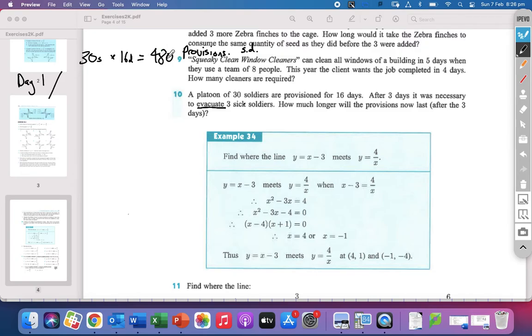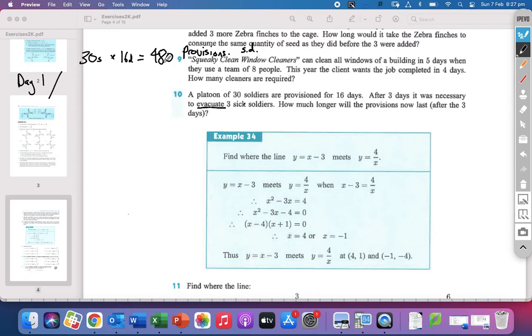Just worked out I had 480 provisions total. Right? How many is that per day? That gets me back to my 30. Because if you did 480 divide 16, you get 30, as you would expect. And that's how many provisions will be used up per day. A bit confusing to discuss this one, but it does make sense.